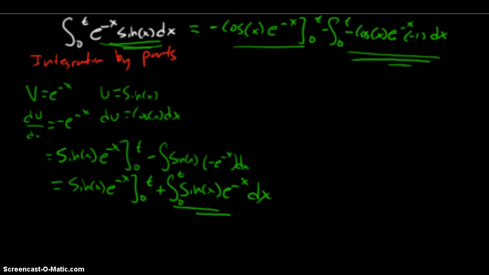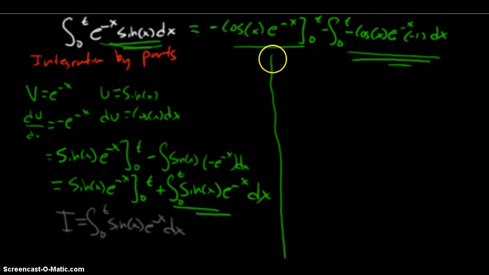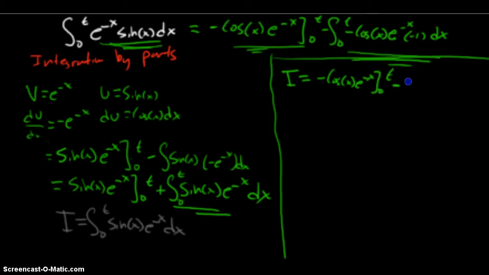So why don't we set that equal to I, which is equal to our integral from 0 to t of sine x e to the minus x dx, giving us I is equal to minus cosine x e to the minus x from 0 to t minus this integral here, which we found to be this whole expression.